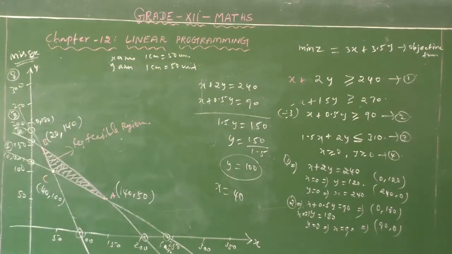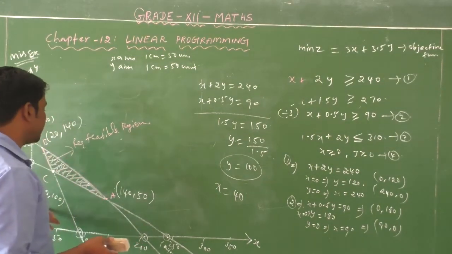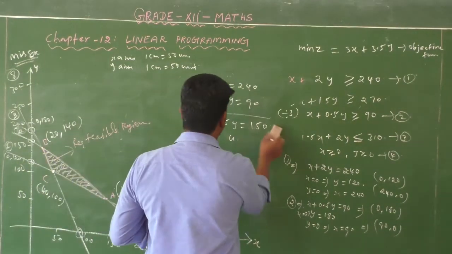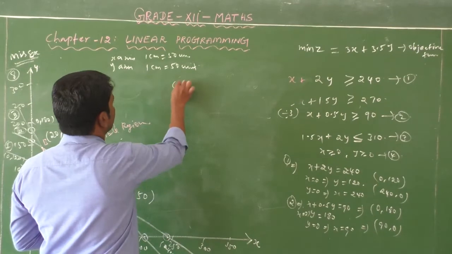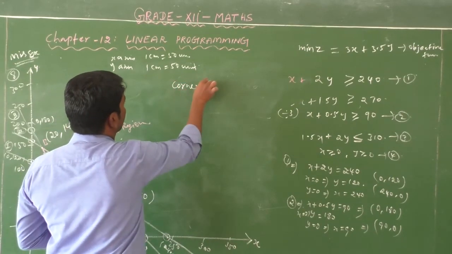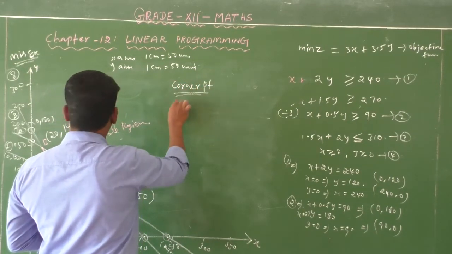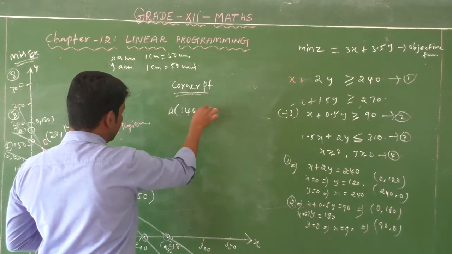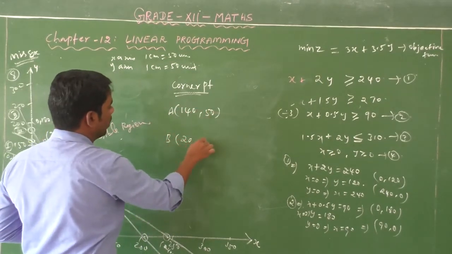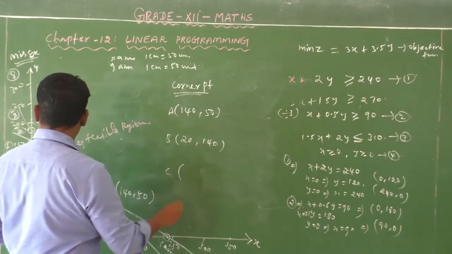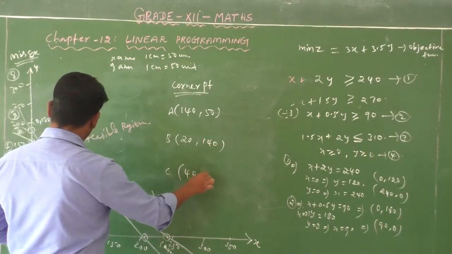Okay, right. Next, listen students. The corner points are A, B, C. A is 140 comma 50, B is 20 comma 140, and C is 40 comma 100.